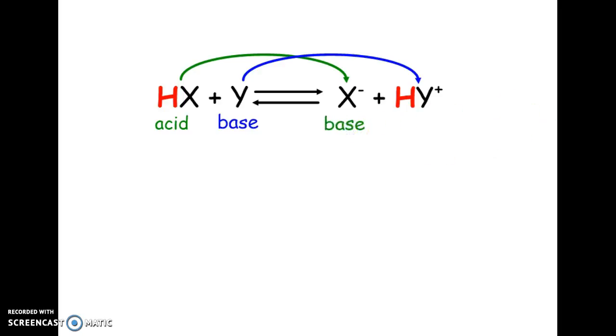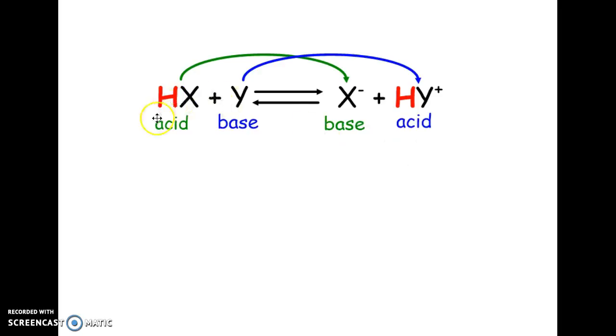So X- is the base for the reverse reaction. Notice for my conjugate pair, one is an acid, one is a base. In order for HY+ to turn back into Y, it must donate the H+ ion, and H+ ion donors are acids. So HY+ in the reverse reaction is acting as the acid.